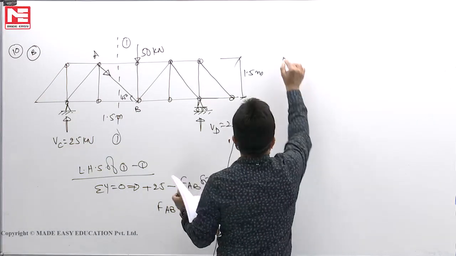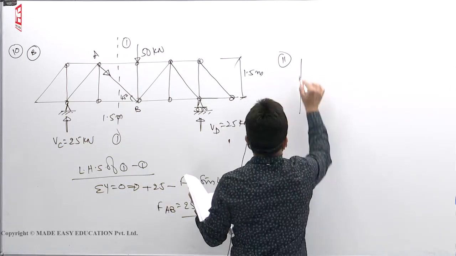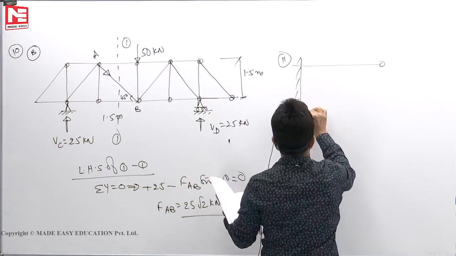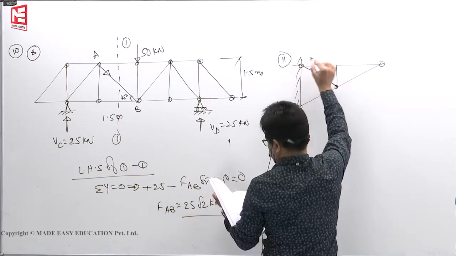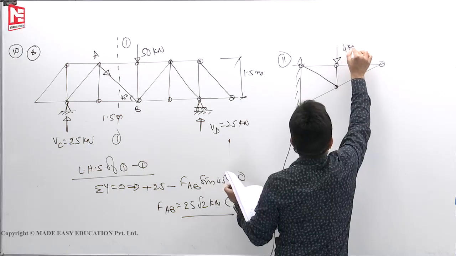Next, 11th one. Force in the member BD of the truss is given like this. Okay, BD. There is a load of 4 kilonewton.